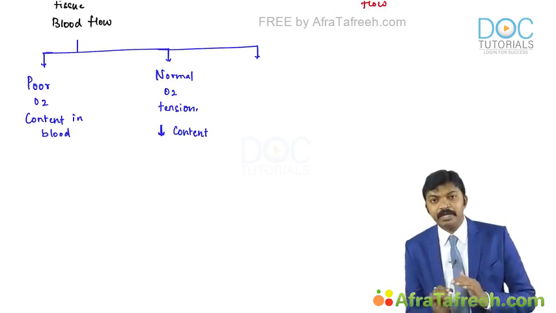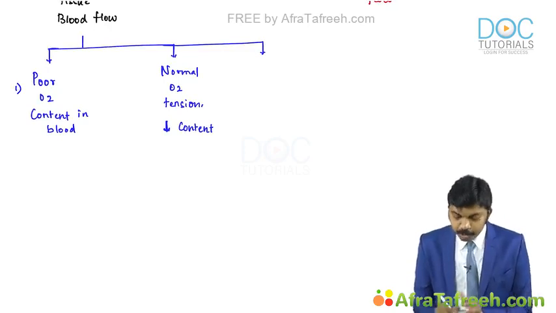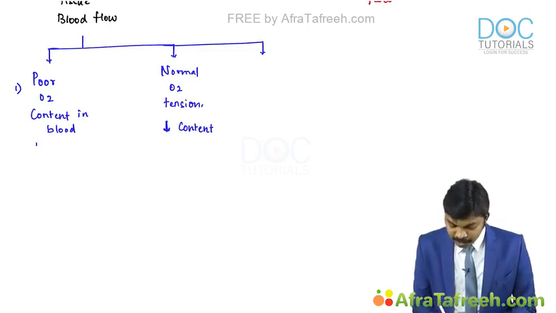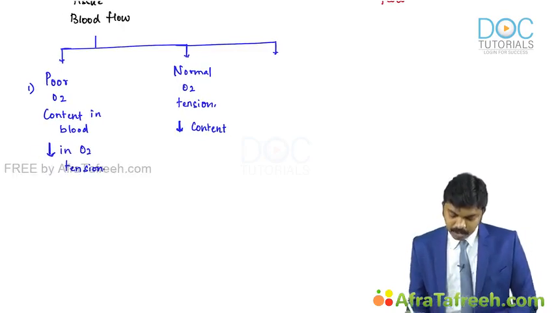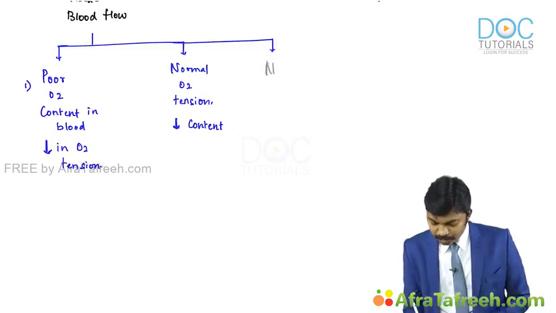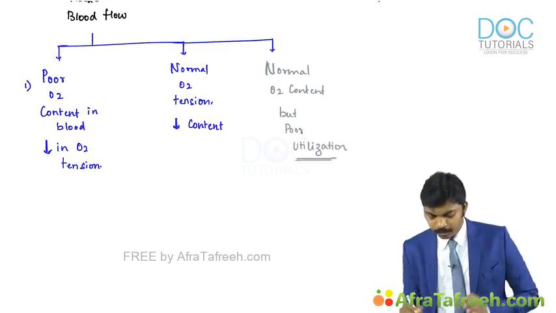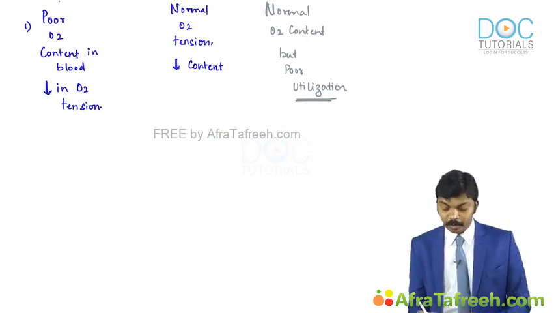Be very focused in this topic, doctors. At the first condition, there is going to be poor oxygen content. This means there is going to be a reduction in O2 tension as well. The third one is normal O2 content but poor utilization. Okay, we'll come to these factors one by one.